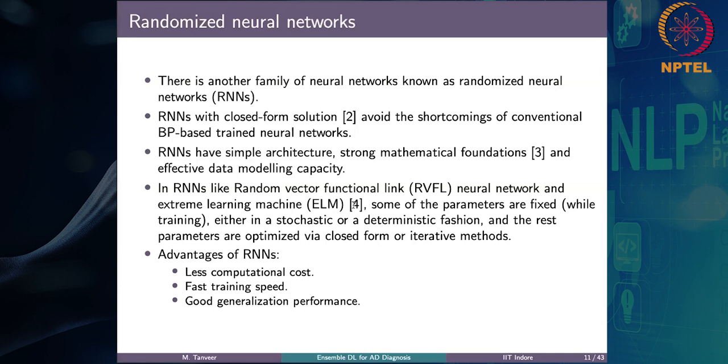In randomized neural networks like random vector functional link and extreme learning machine, some of the parameters are fixed while training, either in stochastic or deterministic fashion, and the rest of the parameters are optimized via closed form or iterative methods. Some of the advantages of randomized based models are less computational cost, fast training speed, and better performance.